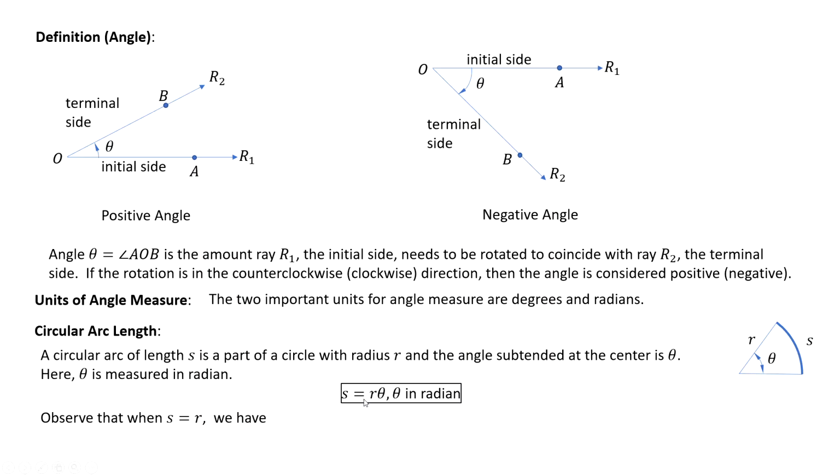What is theta? Oh, okay. R equals R theta. Divide both sides by R. So theta is equal to R over R, which is 1. Aha!